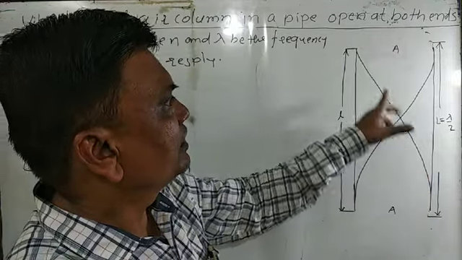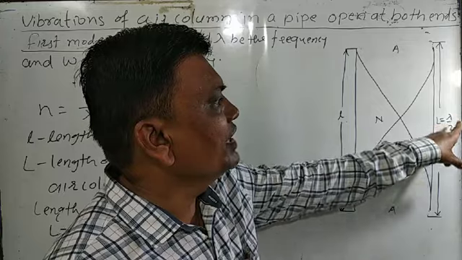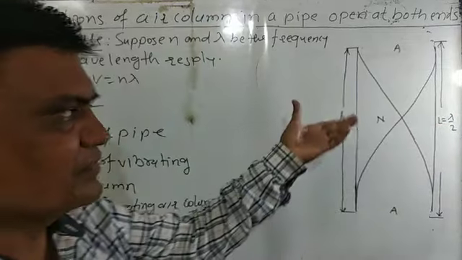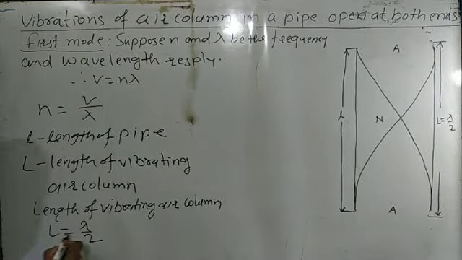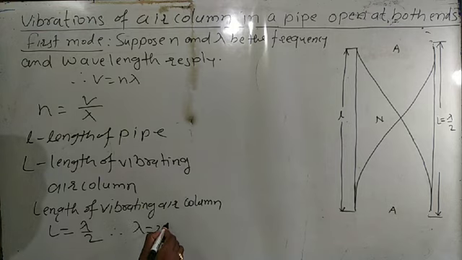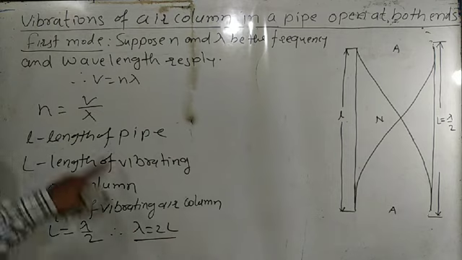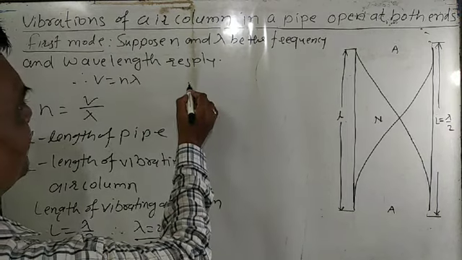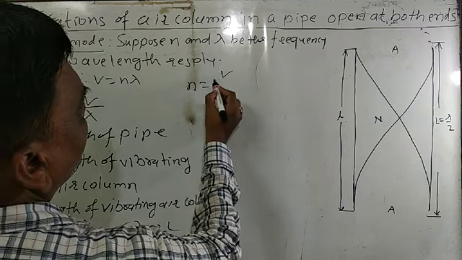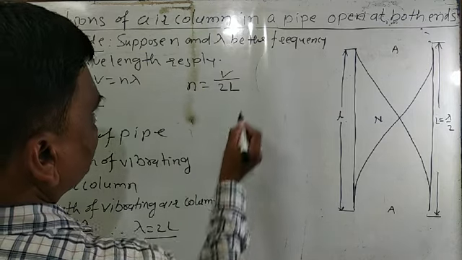Then the length L equal to lambda by 2, half. Therefore lambda equal to twice L. Now put this value in this equation. Therefore n equal to V by twice L.